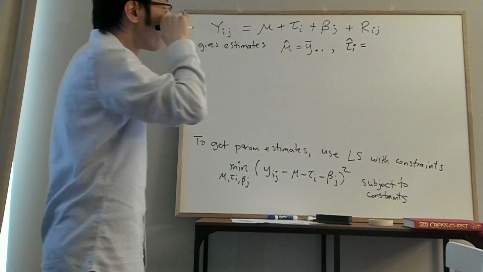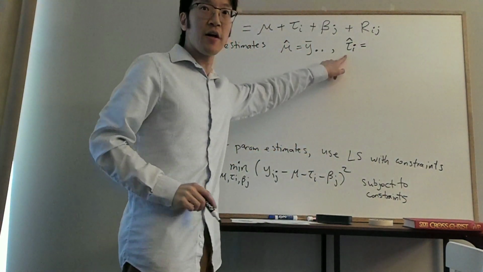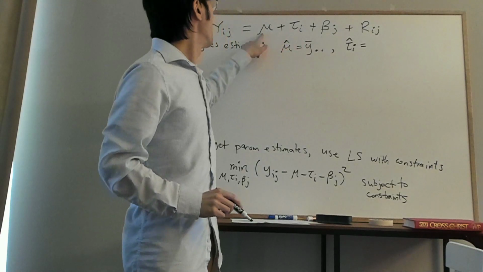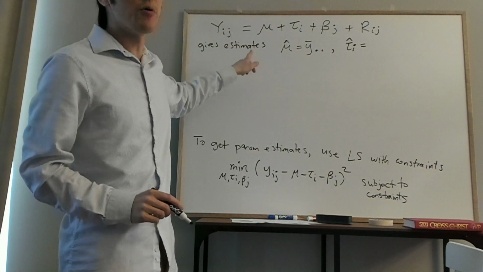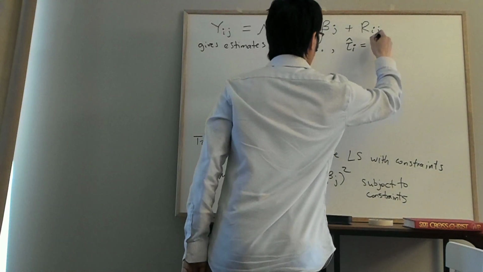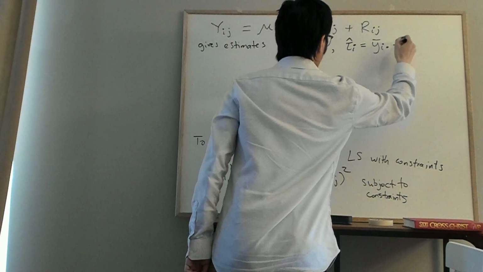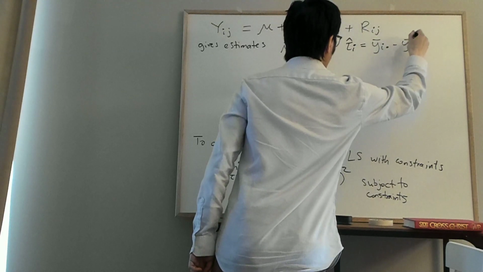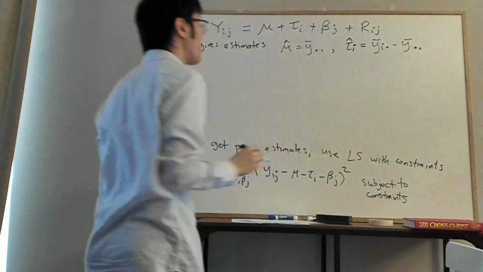It's not entirely surprising that the estimate for your treatment effects is simply the difference between the treatment mean and the overall mean. In our notation, this is the treatment mean y bar I dot minus the overall mean y bar dot dot.